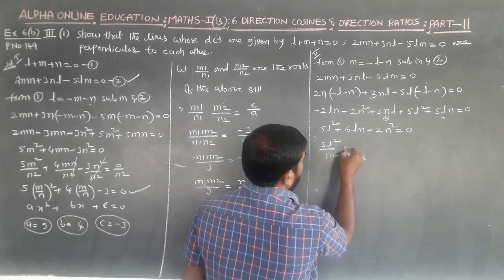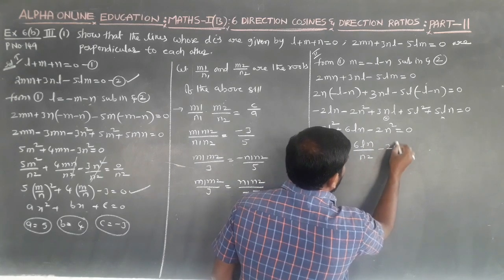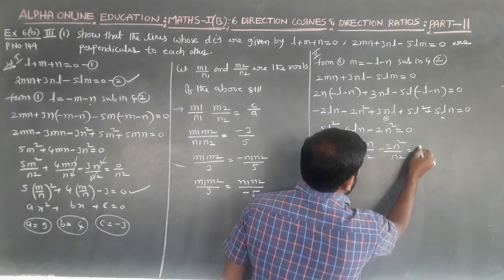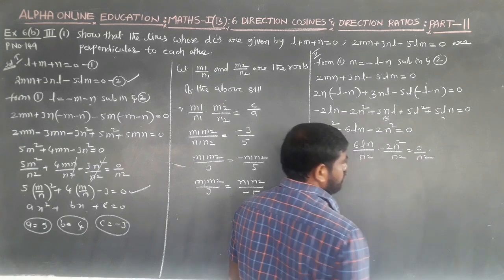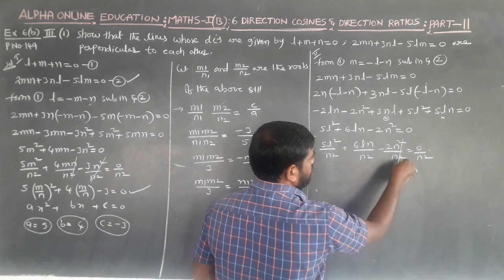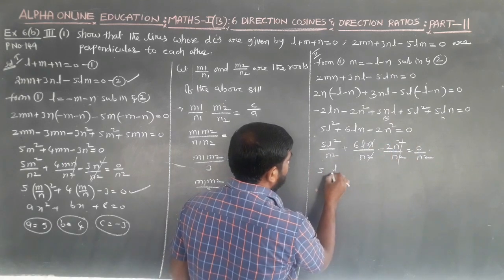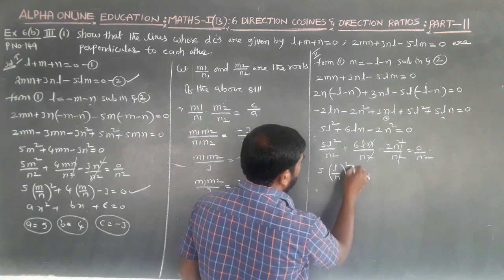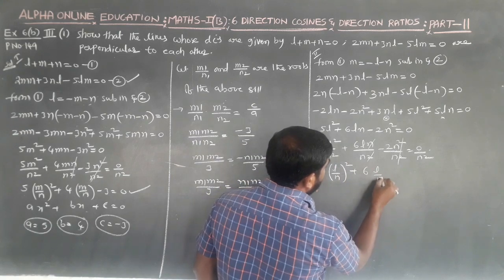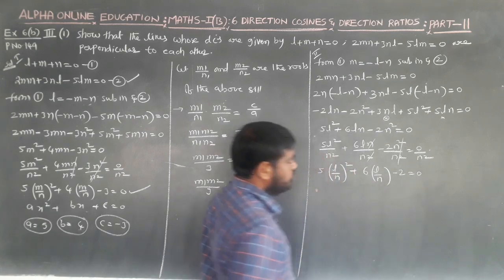5l square by n square, 6ln by n square, minus 2n square by n square is equal to 0 by n square. n square cancels, so 5 into (l by n) whole square plus 6 into (l by n) minus 2 equal to 0.